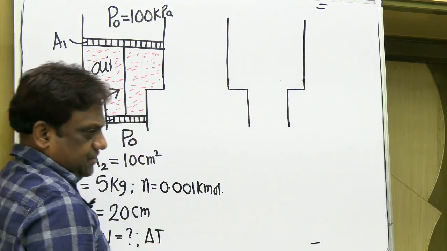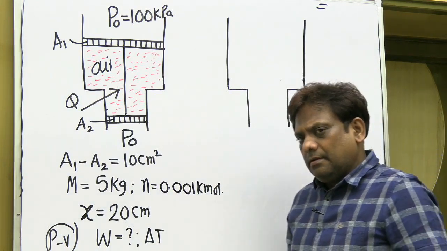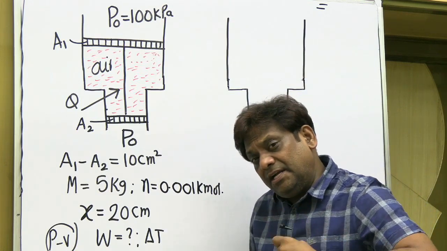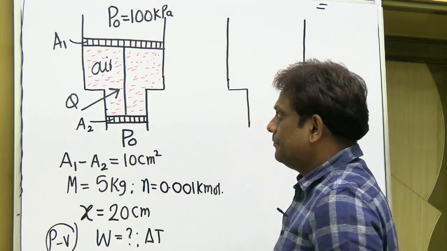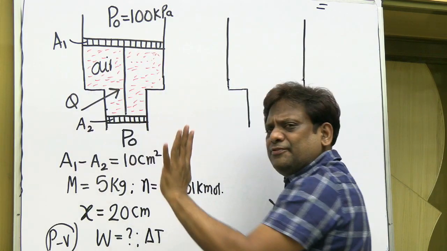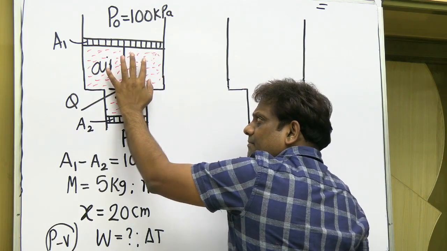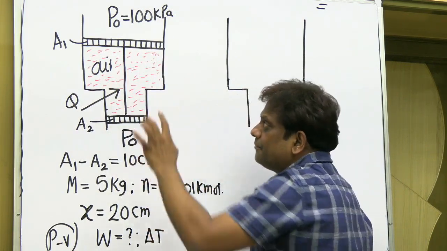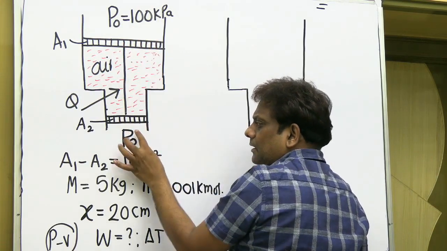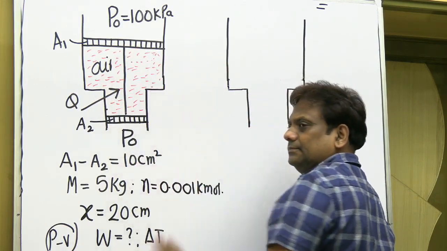We are heating this. When I heat this, let's try to identify the process. You know, my dear students, my air is absolutely in equilibrium, under the influence of atmospheric air, weight of the piston, here again atmospheric air, this piston and the rod.